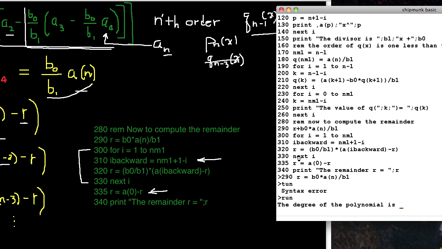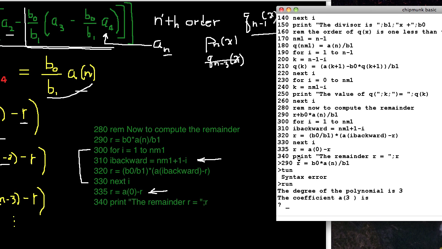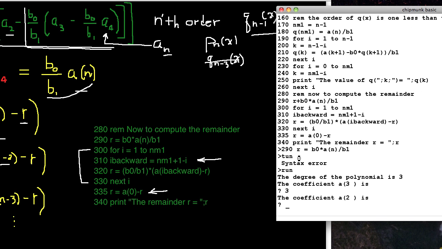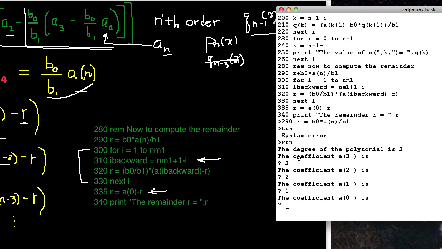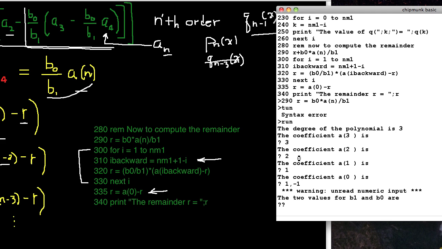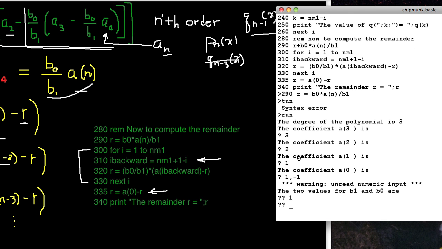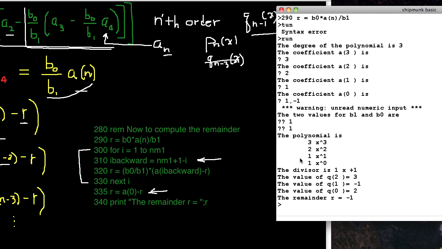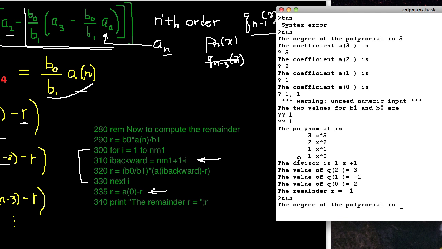Degree of polynomial is 3. 3, 2, 1, 1, comma, -1. Oh, warning, unread numeric input. The two values for B1 and B0 are here. I wonder what the problem is there. Okay, let me type this in. Let me type run again.